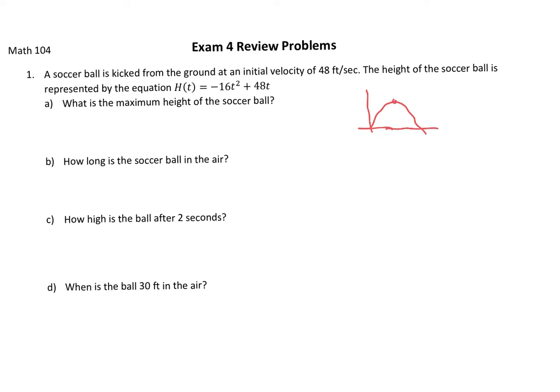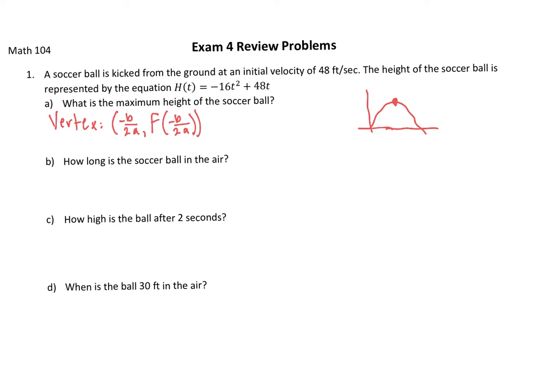Okay, so the maximum height of the soccer ball is going to be the vertex. The vertex means that we need to find the x value and a y value. So we find the x value first and then plug that x value into the function to find the corresponding y value.